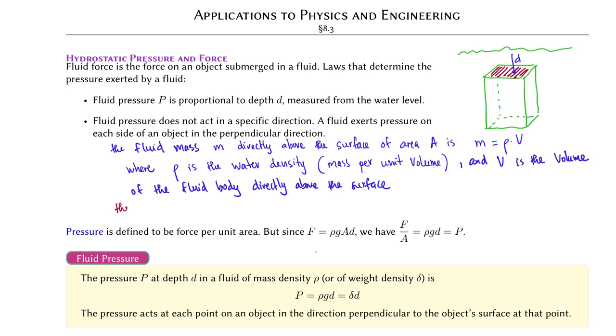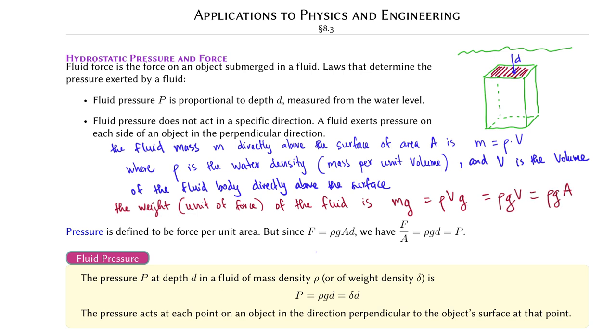The weight of the fluid, which is already a unit of force, is the product of the mass and gravity, mg. But the mass is rho times v, so the weight is rho g v, but the volume is the area times the depth d. And so the weight is rho g A d.